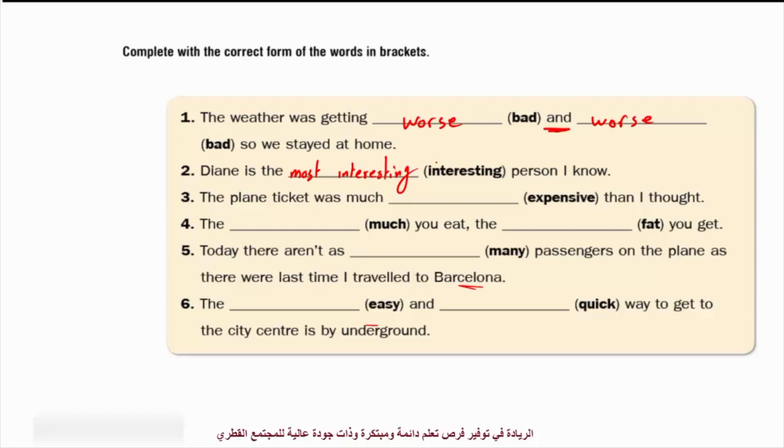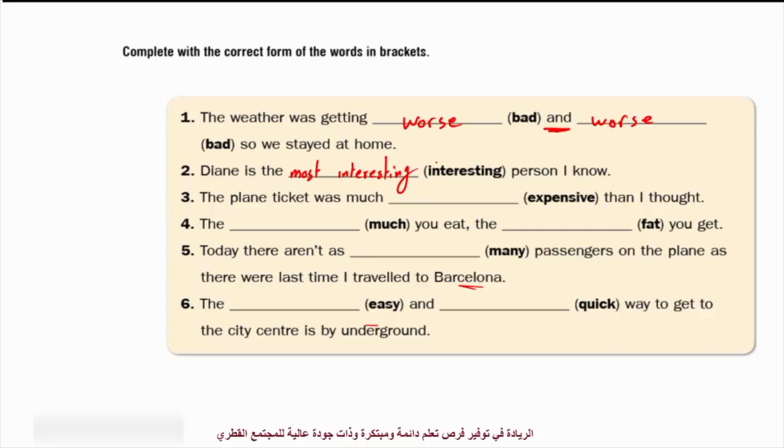Question 3. The plane ticket was much more expensive than I thought. Now he's trying to compare between two ideas, the original idea of the plane ticket that he had in mind and the actual price of the plane ticket.